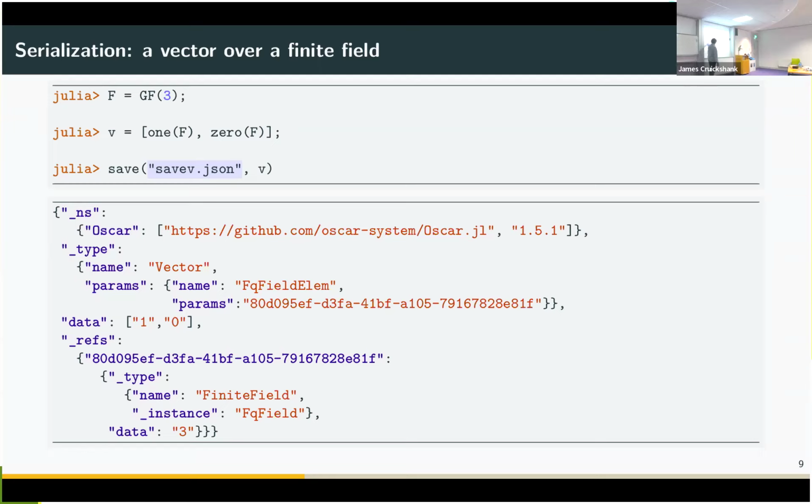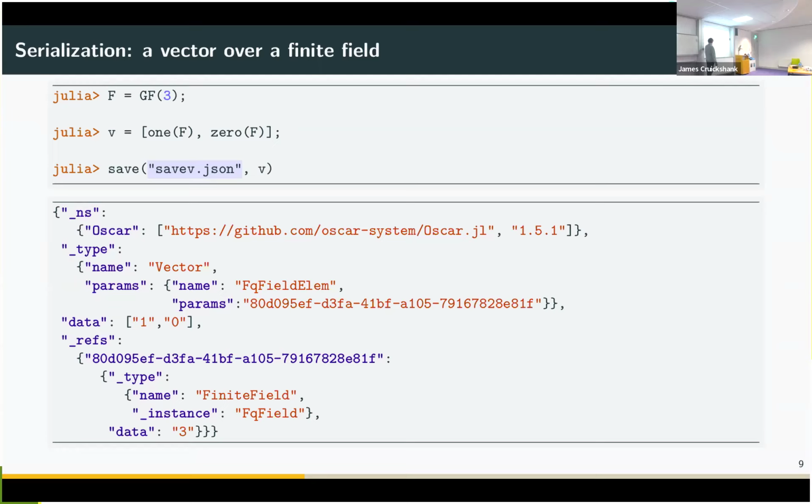But this finite field element has some more complicated identifier here, some key, which is then later explained in this additional refs component, which we did not need for the vector of integers. It says that here I have some object which has this key, and it's a finite field which is described by the data 3 in this case.